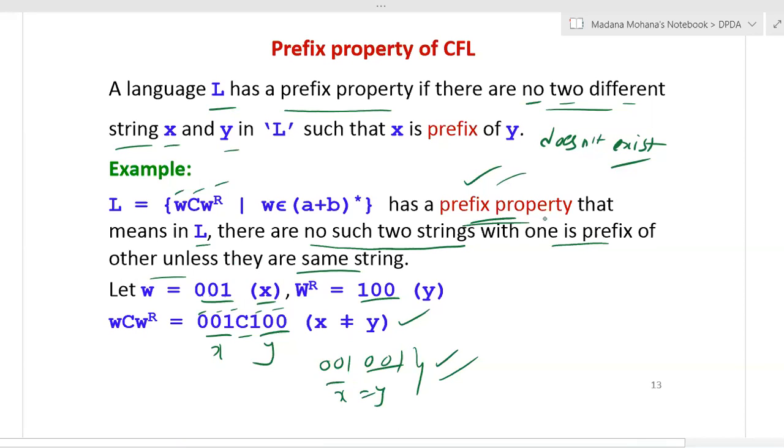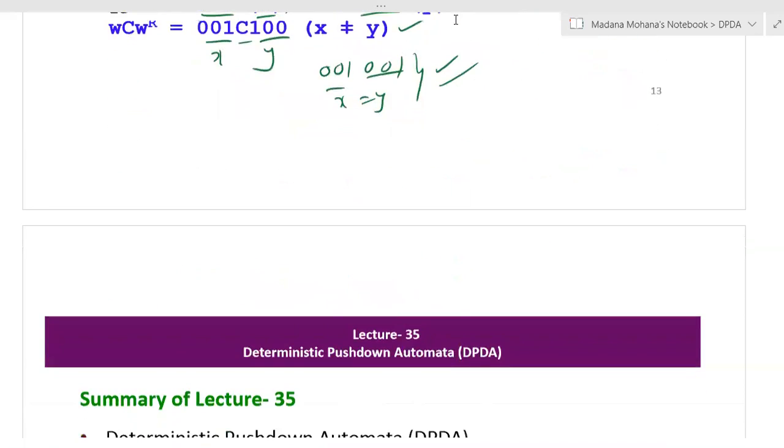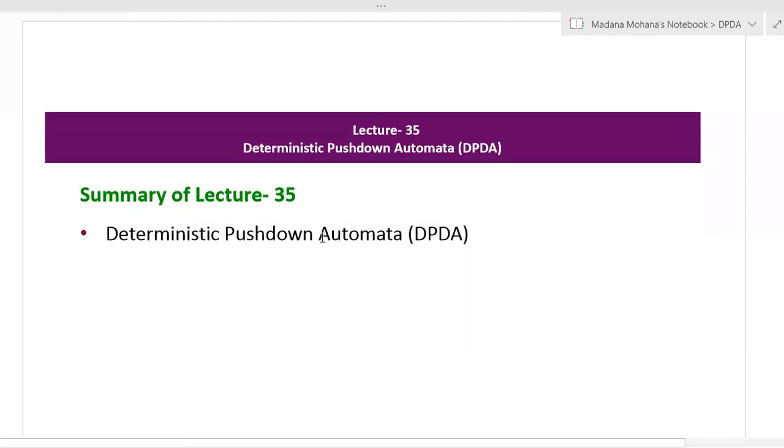Like that, you can check the prefix property of a context-free language. Okay, now let us come to the summary of this lecture. What we discussed related to deterministic pushdown automata: first, the definition of a deterministic pushdown automaton.